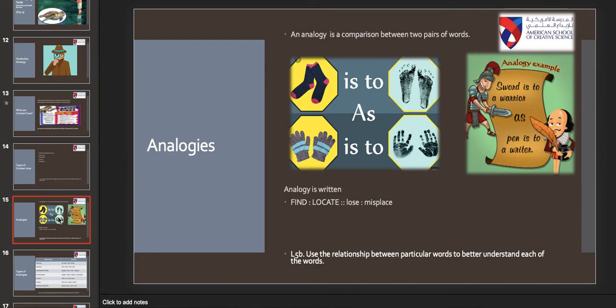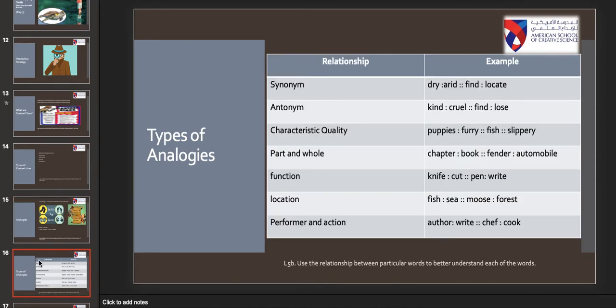Types of analogies, the relationship between words: synonyms, they have the same meaning; antonyms, they have an opposite meaning; characteristic quality, part and whole, function, location, performer, and action. The teacher in class will be explaining these further, and you will be doing activities related to this.